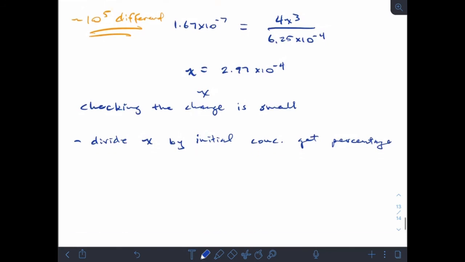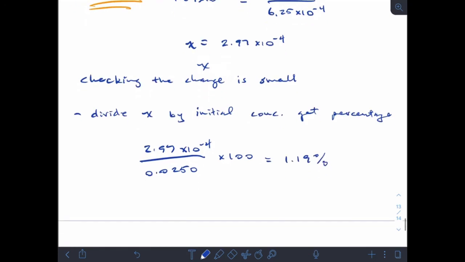So in our case, x equals 2.97 times 10 to the minus 4, and the initial concentration is 0.025, times 100 to get a percentage, and we get 1.19%. Anything less than 5% is okay. So in our case, 1.19%, we are allowed to use our approximation to simplify our math.